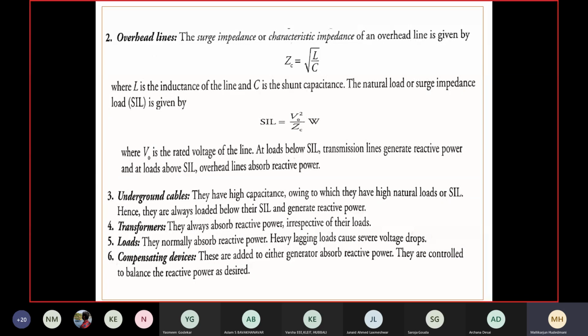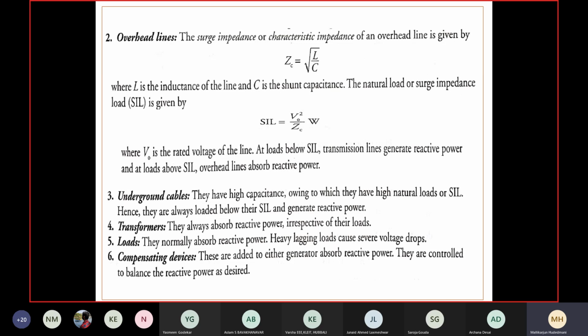So these compensating devices are additional fittings, additional installations to correct the profile of the voltage with respect to reactive power. These were the 5 or 6 elements which come under one good question.